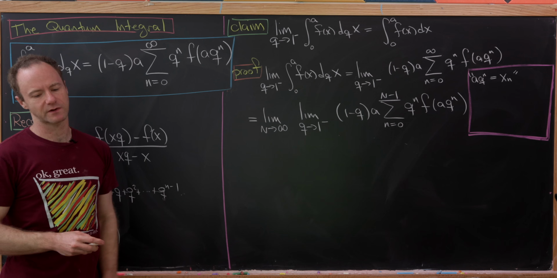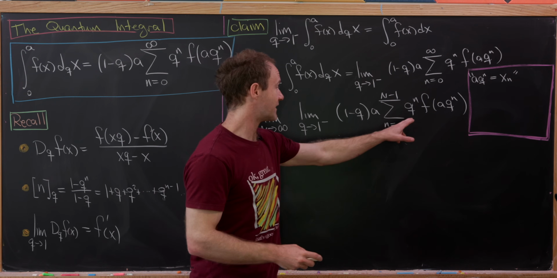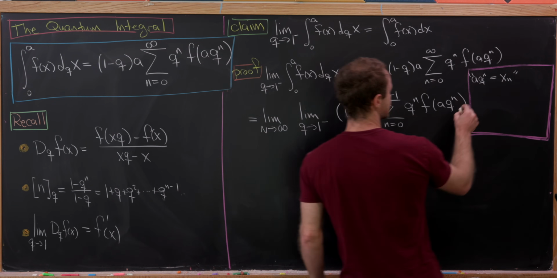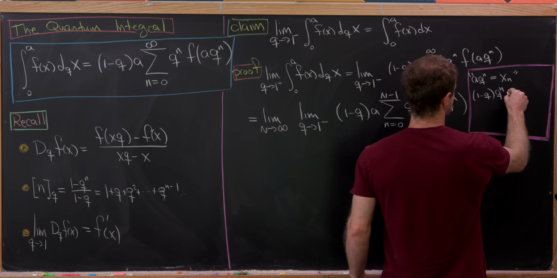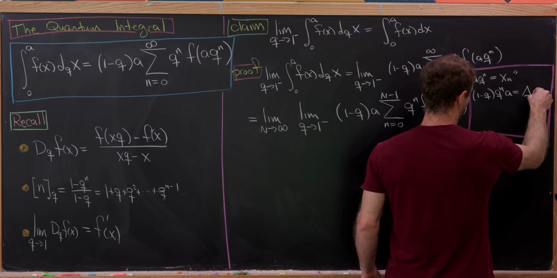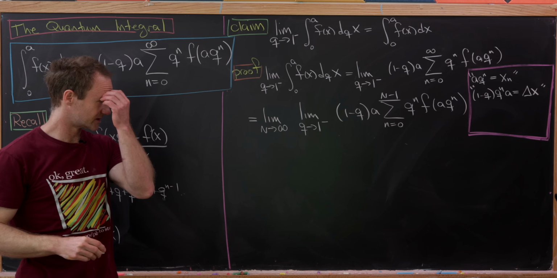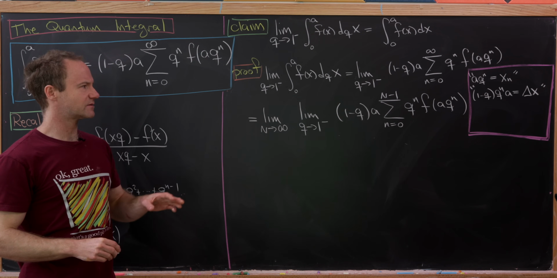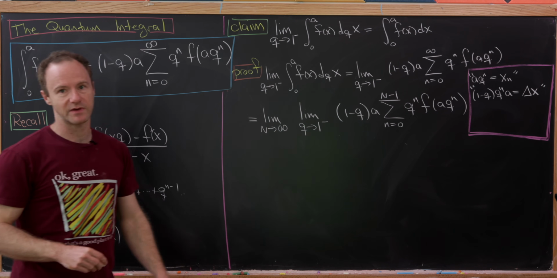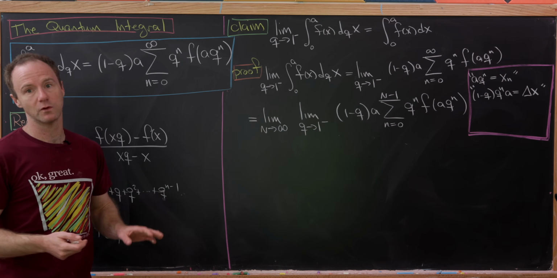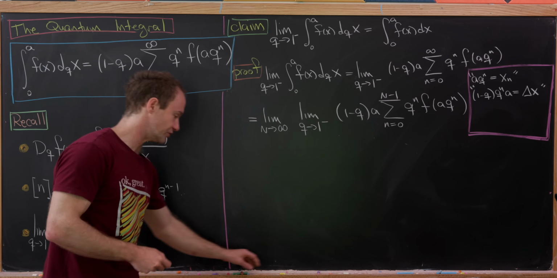So I'll put quotes around it because this isn't exactly what we'll get here. And then everything left over, so this (1 - q) times q^n times a, is playing the role of delta x. Okay, nice. So if I can make some sort of change of variables to my inner limit to make that happen, then we'll perhaps be good to go. And that's exactly what we'll do here.